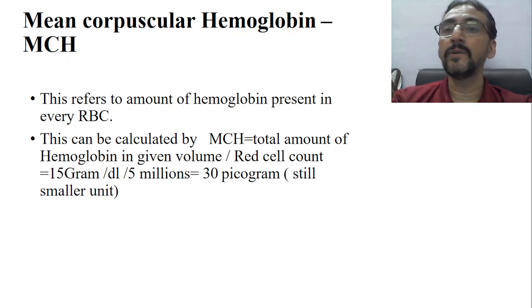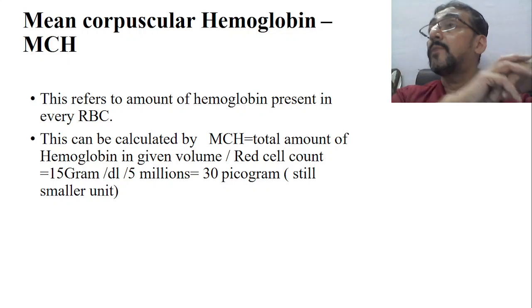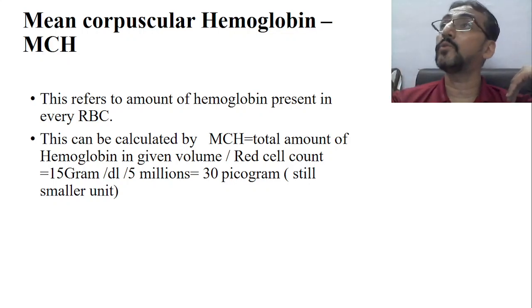MCH is equal to total amount of hemoglobin in the given volume divided by red cell count. Now total amount of hemoglobin in the given volume, suppose I am talking about 100 ml of blood, what is the total amount of hemoglobin, we already know, that is about 15 grams.